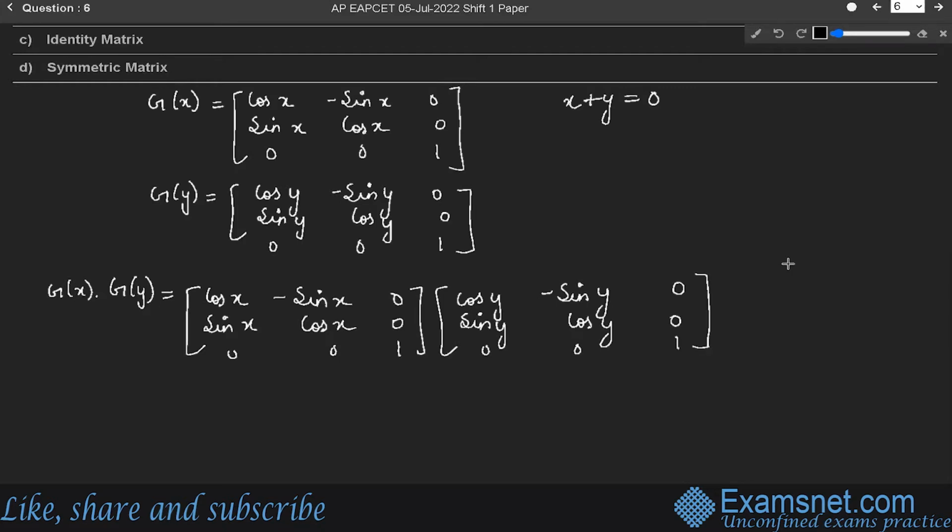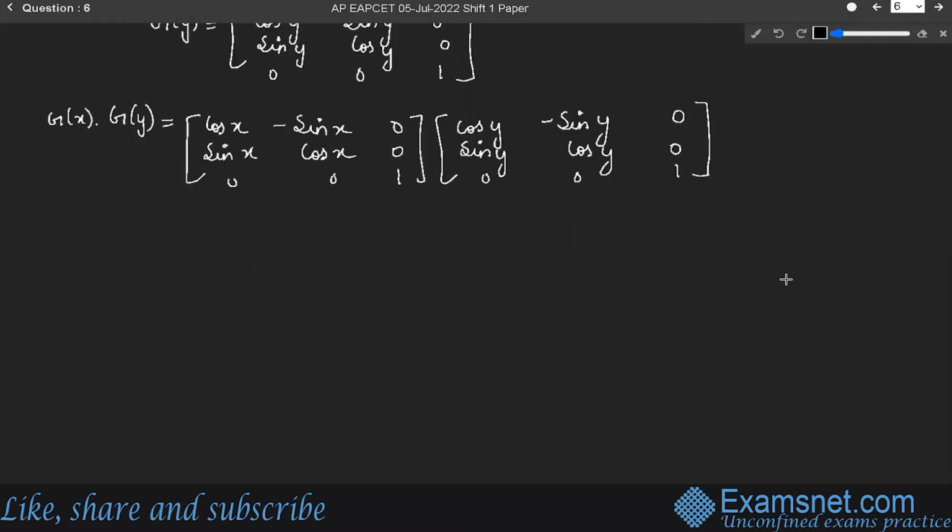Now on multiplying both these matrices, we will get cos x cos y minus sin x sin y. Second term will be minus cos x sin y minus sin x cos y, and the third term will be 0.